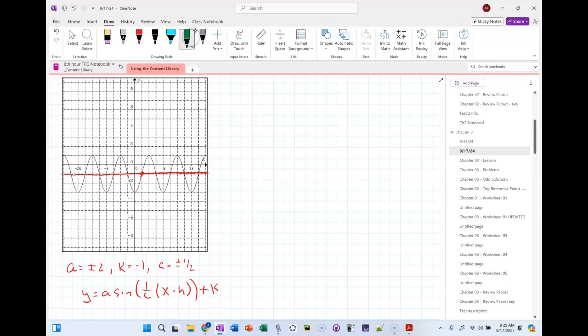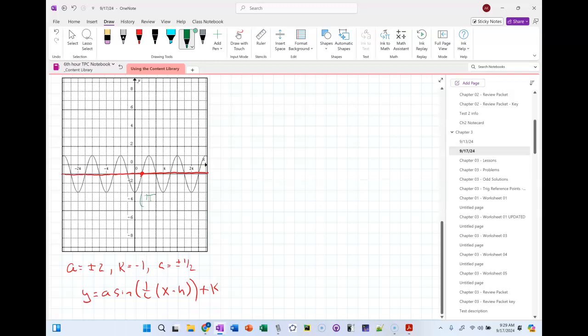So if I look at the x-axis, I see there's 1, 2, 3, and then the fourth tick point is pi, right? Going from 0 to pi. Everybody see that? So how far is that first tick mark in terms of pi? Well, it's 1/4 of pi, right? Everybody's okay with that?